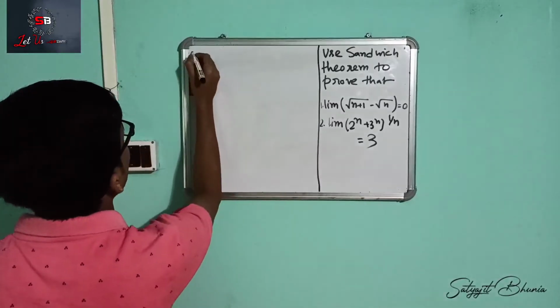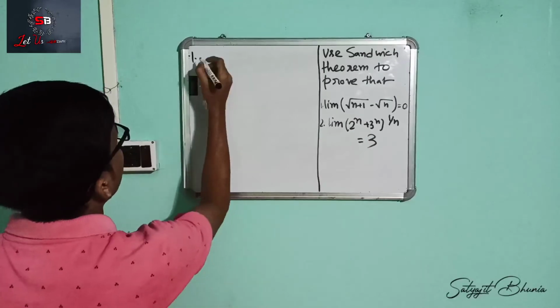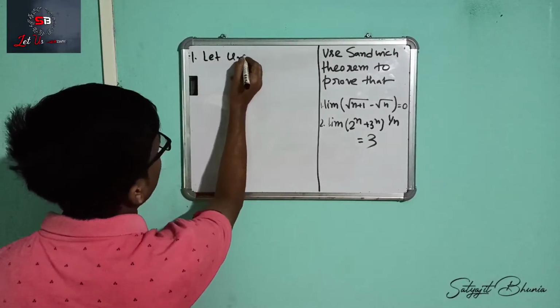The first one, number one, we have to prove this. Let un be equal to root n plus 1 minus root n.